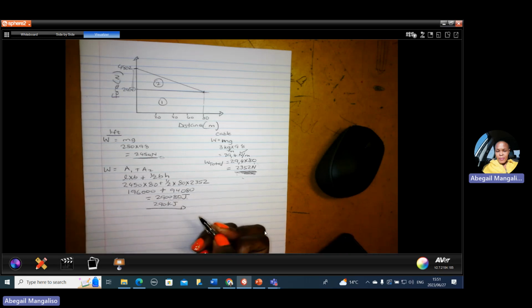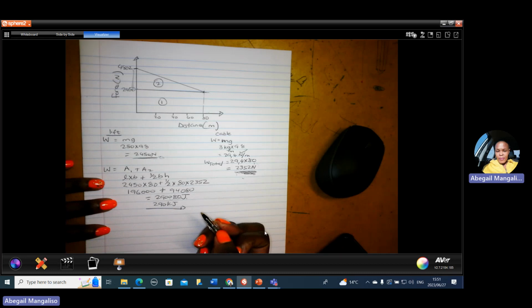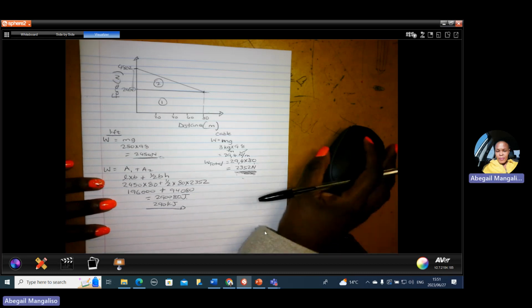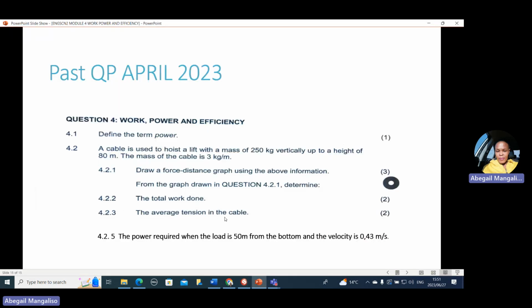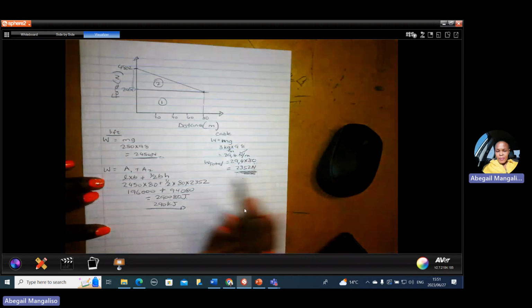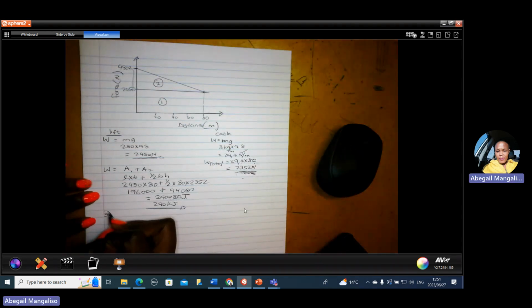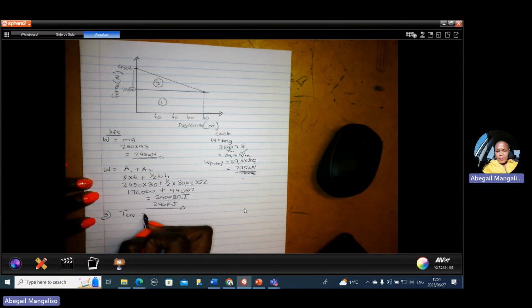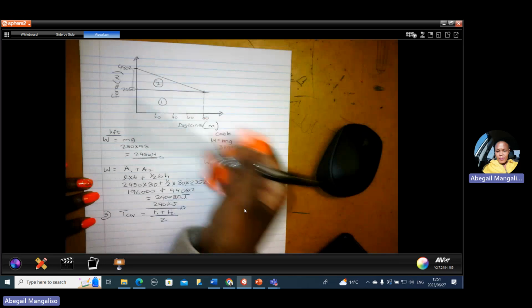Only do this if a question specifies what units must be your final answer. Second question is looking for the tension on the cable. Question number 3, average tension in the cable. To calculate the average between two forces, F average is equal to F1 plus F2 divided by 2. That is the average tension.